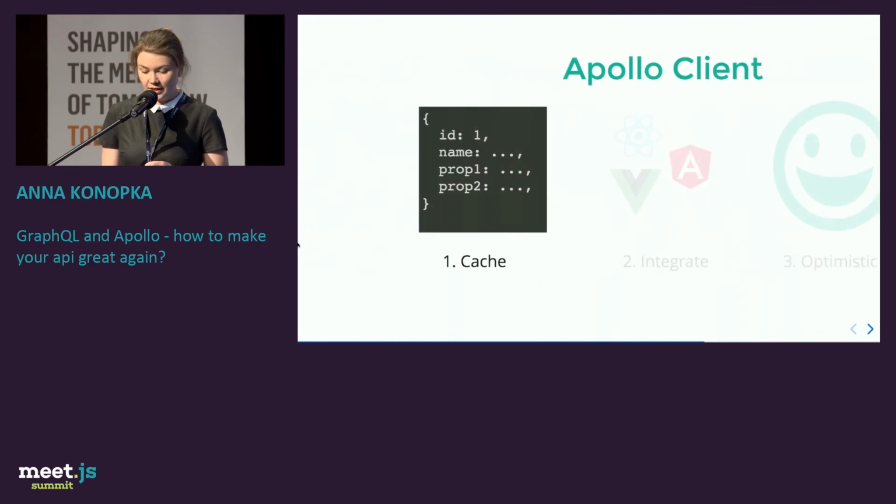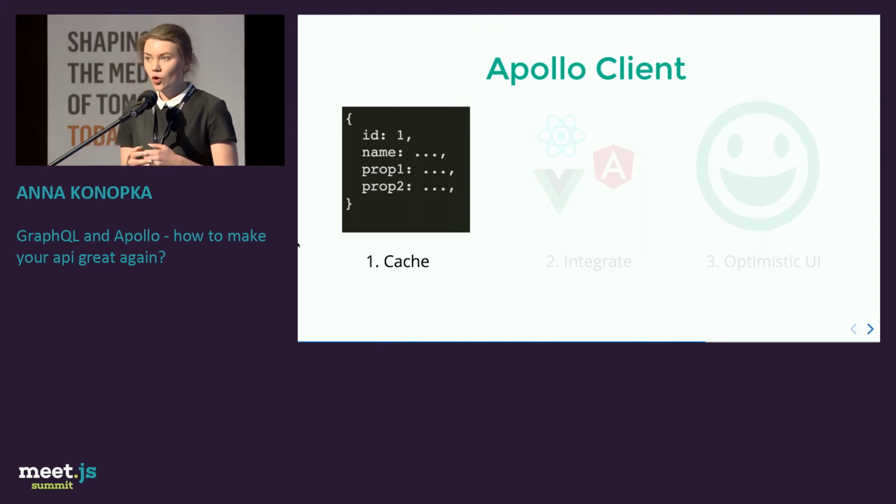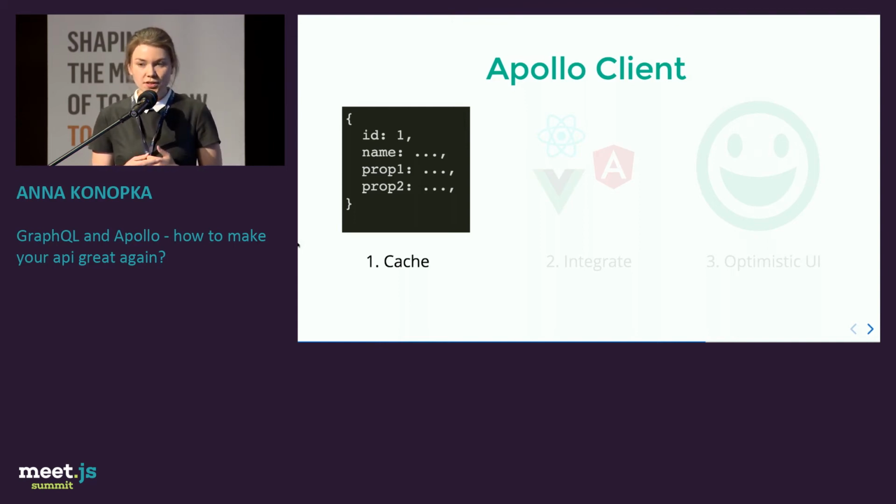And the first one is caching, because Apollo client allows you to store all of the results that you got from your queries and mutations inside one normalized store. So there, all of the items it knows about are stored under their IDs, and each time you learn something new about those items, they are updated in the cache and then propagated to the whole app.